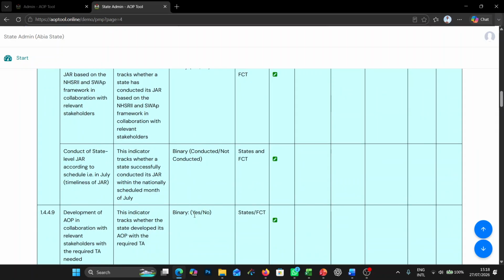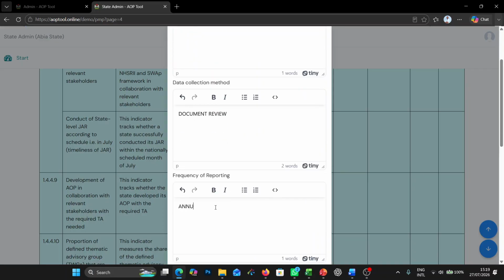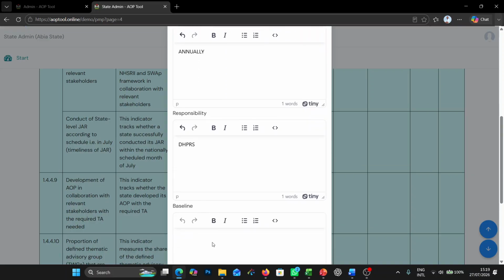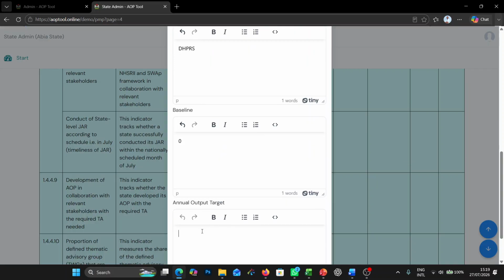For that specific indicator, the data source will be the developed AOP, data collection method, document review, frequency of reporting annually, responsible DHPRS, baseline just like we had 0, then the target 1.